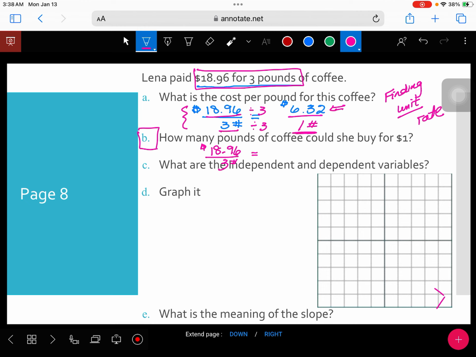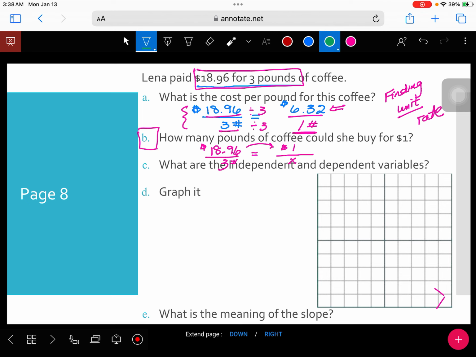And again, if you want to set it up as a proportion, we want it for $1. Okay, $1. So as I look at this, I'm saying, how do I get from $18.96 to $1?